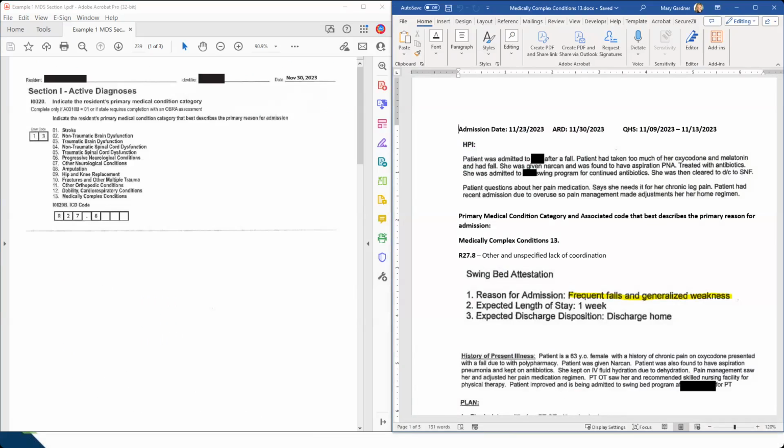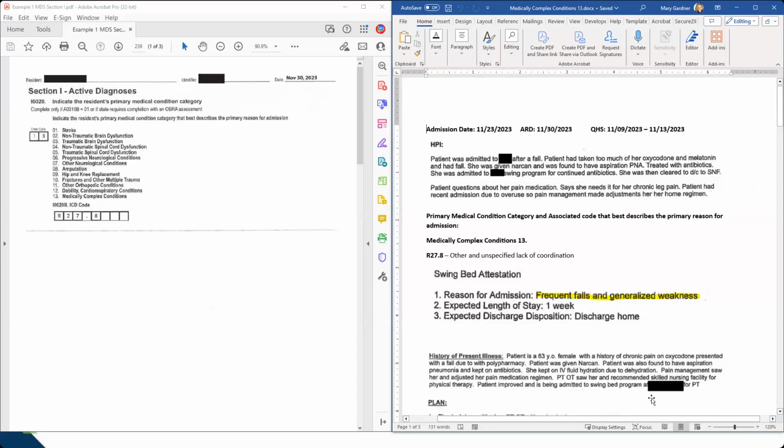So for privacy purposes, and to not risk accidentally giving out any PHI or PII, I'm just going to show you some documentation on the screen. I've taken some notes, and that's what the right-hand side of the screen on this Word document has. So when we do a medical review, and when we're reviewing Section I, there's a few things we have to go through.